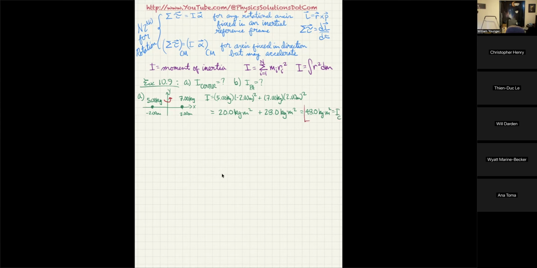And I just subscripted C to remind us that was the calculation for going through the center. Now, in part B, they're asking it a little differently. So in this case, they're going to have the 5.00 kilograms right here. And then we're going to have our axis right here.